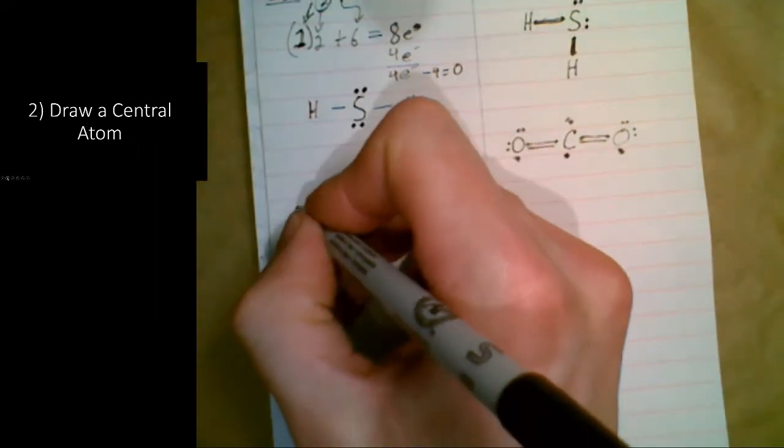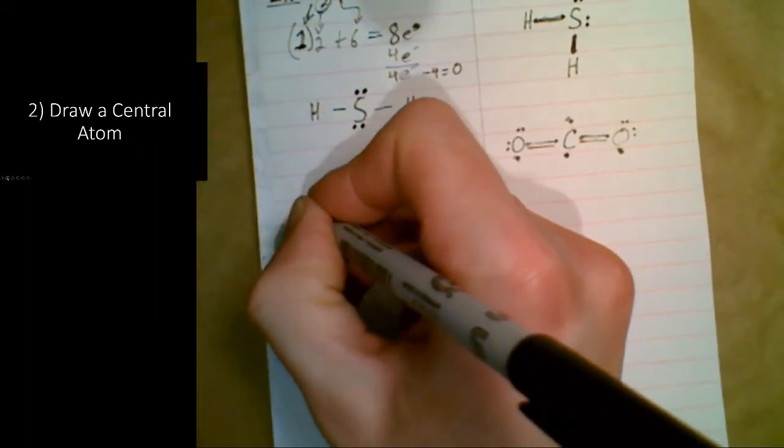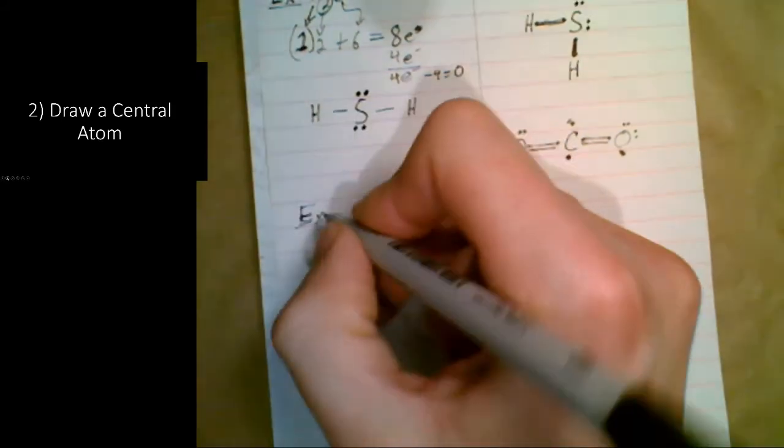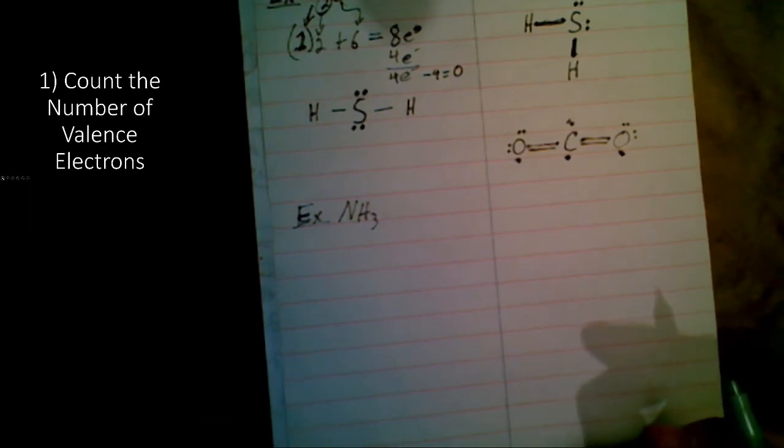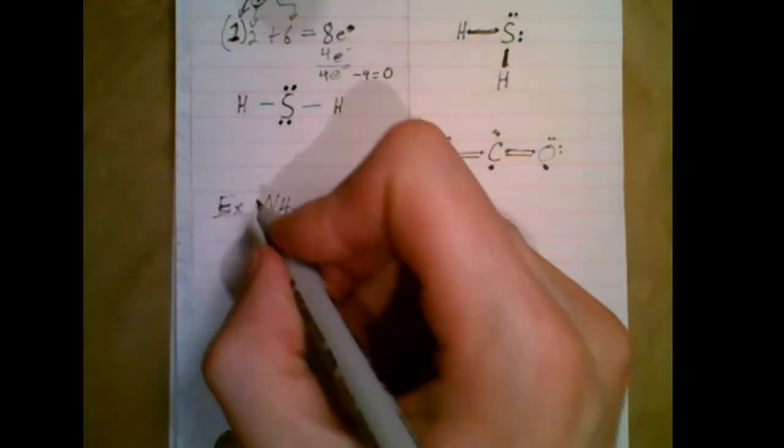So let's do one more, and we're going to do ammonia, or NH3. So the same exact steps that we have been following all along, and I'm going to get rid of them so that we can do one without it.